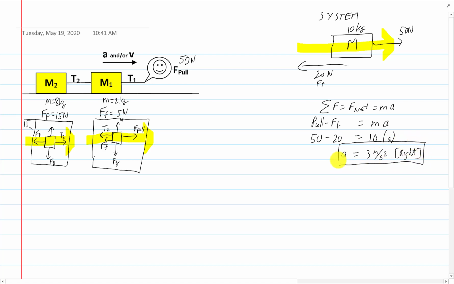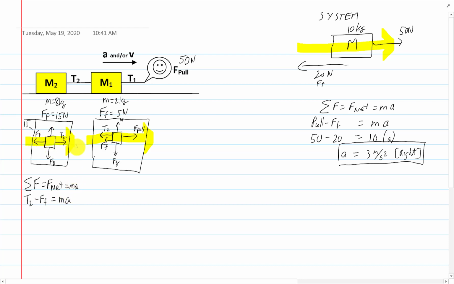And then we go look at these ones over here. We write down Newton's second law. So we have T2 minus the force of friction is equal to MA, because that's what this diagram says.